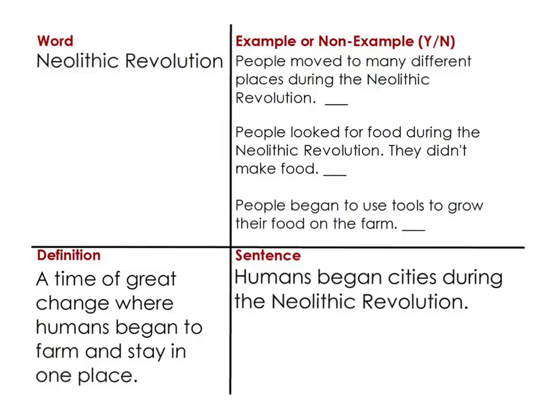Let's read the sentence together. I read, then you read. Humans began cities during the Neolithic Revolution. Now let's look at example or non-example. I'll read the sentences. People moved to many different places during the Neolithic Revolution.